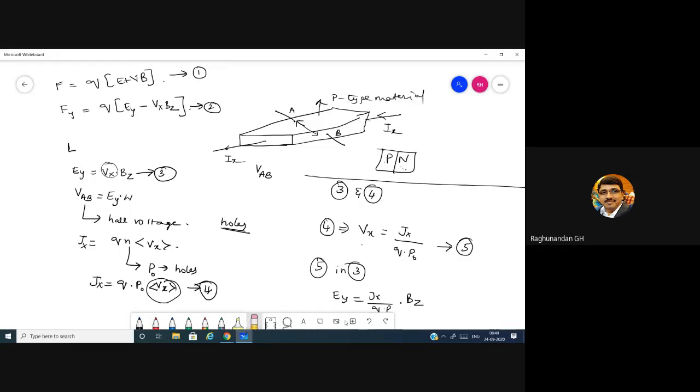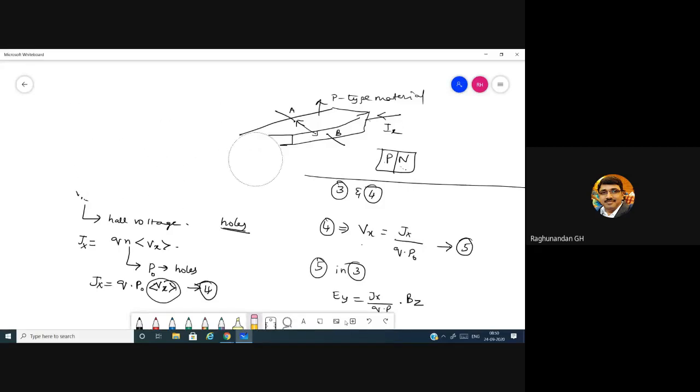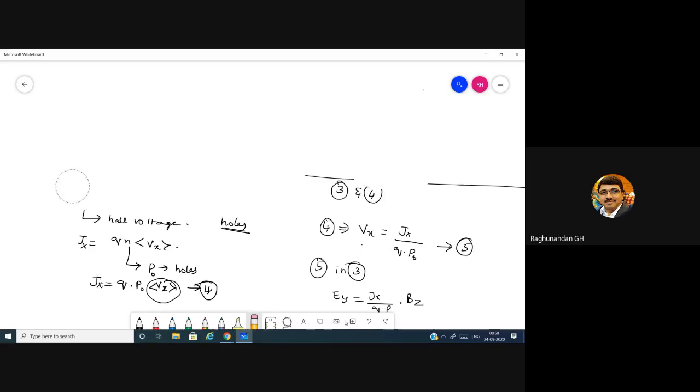Now you have to copy whatever I write here because I'll be asking questions again in between. So now Jx by Q into P naught into Bz. We have a constant called RH.